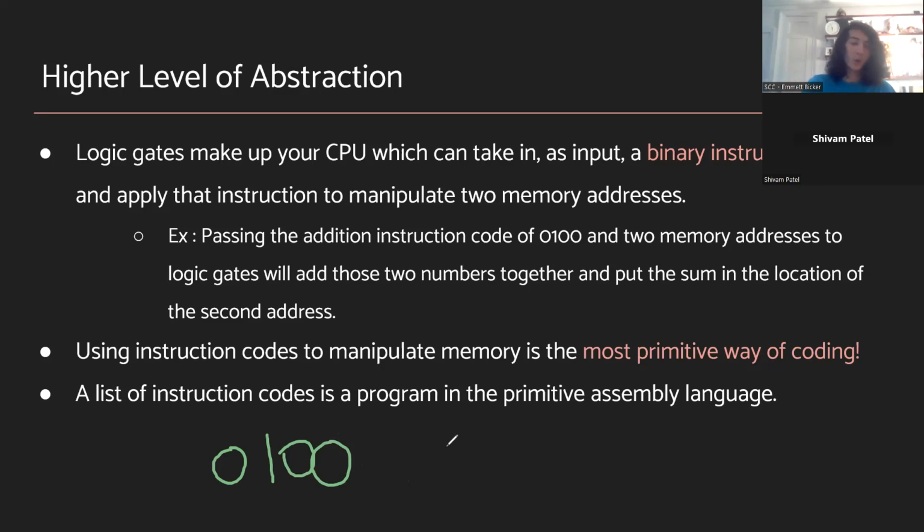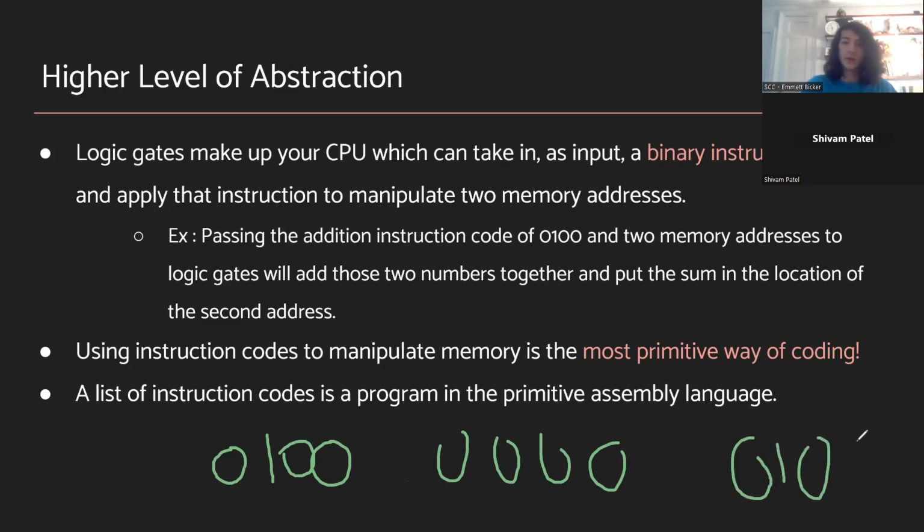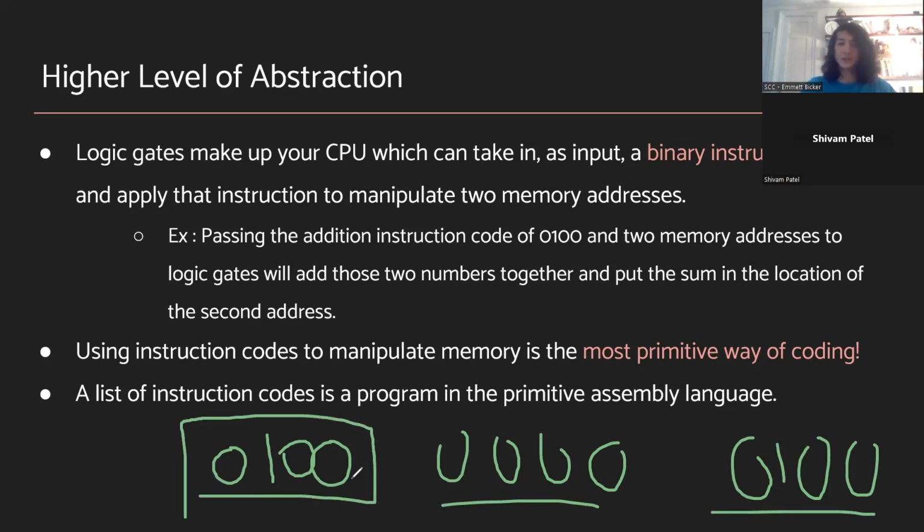So maybe 0x0000 and 0x0100. This will add the number in this location and that location together. And this is saying the operation that I want to do is addition. So I'm saying that I'm going to pass in three values. I'm going to say, here's my instruction code, addition.